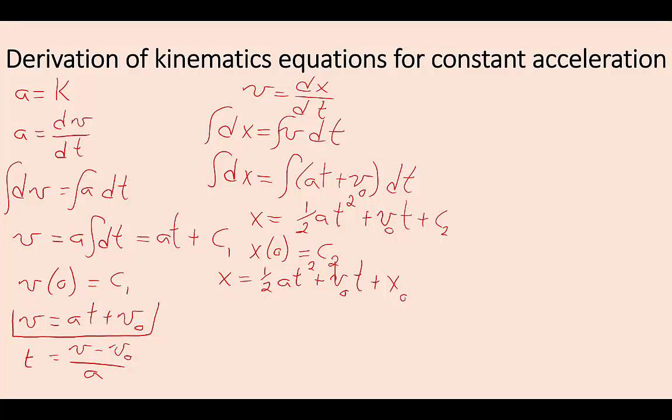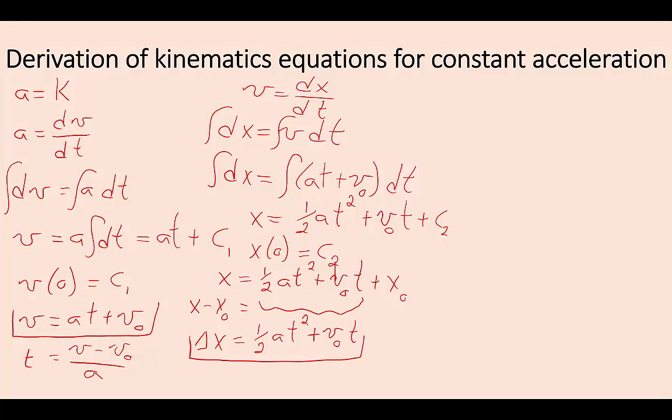And oftentimes we don't like the x naught on the right-hand side, so we move it over and we end up with x minus x naught, and it's all of this part of the equation here. And x minus x naught, remember, is delta x. So we can then simply say that delta x is 1/2 at squared plus v naught t. Okay, so that's our second equation.